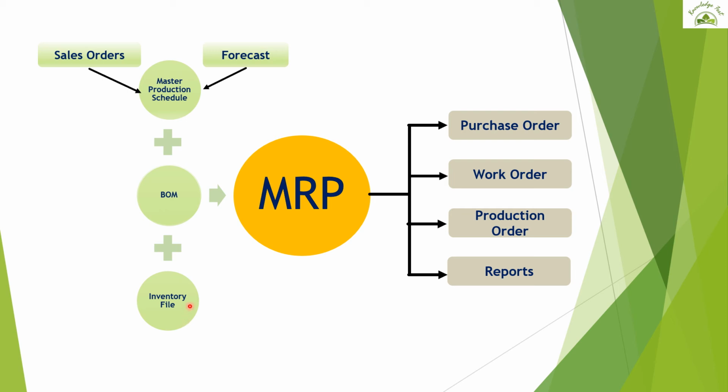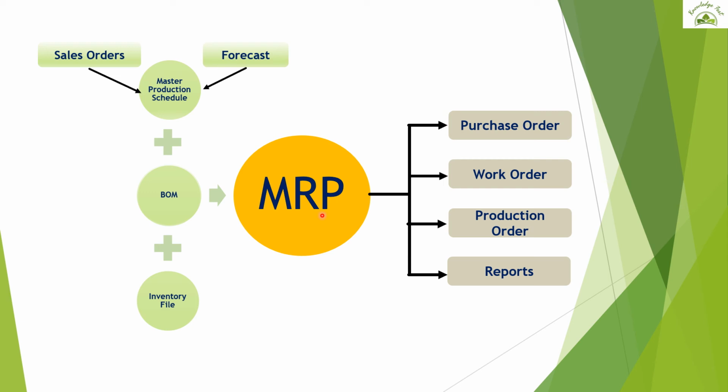So in the inventory file we can see the gross quantity of the braking system which is available in the inventory. That will not categorize that 5 units of braking system would be required in category 1 hatchback car and 10 units of braking system would be required in category 2. Okay, so at the gross level it will indicate the availability status of each component in the inventory master file. So these three are the inputs to the MRP system.